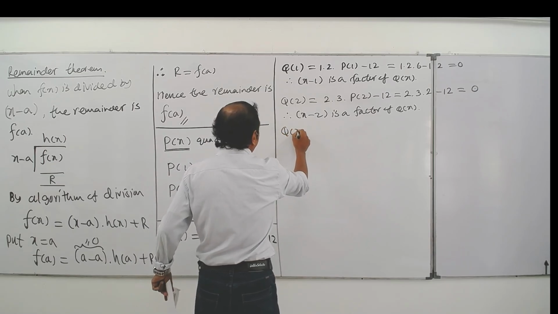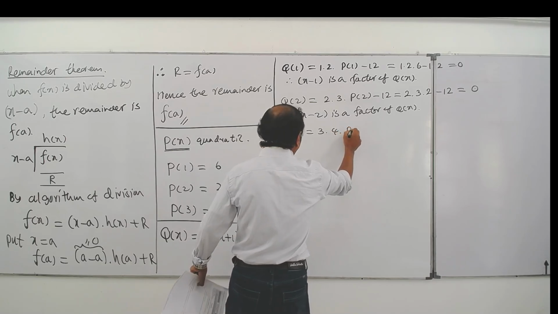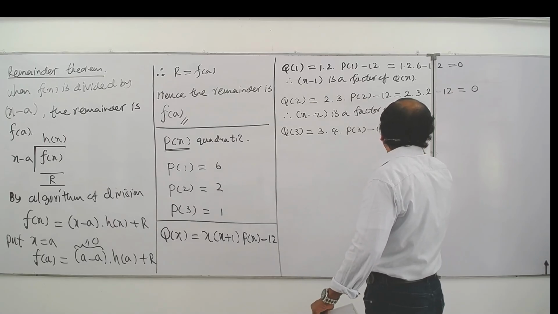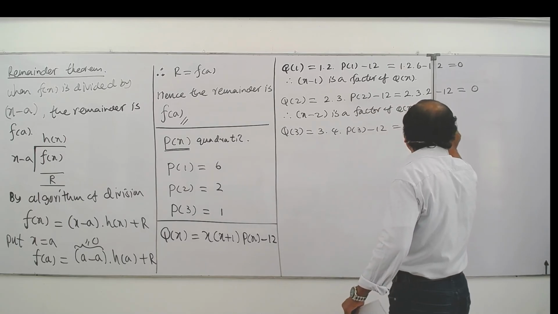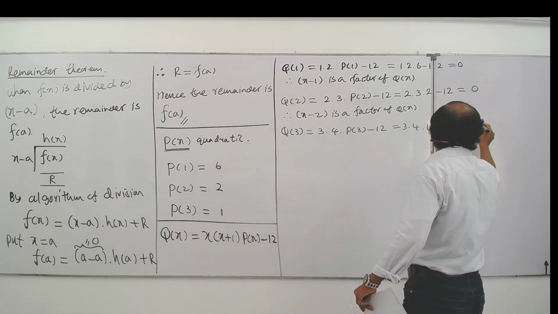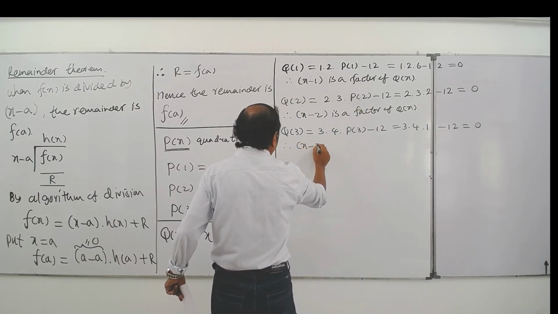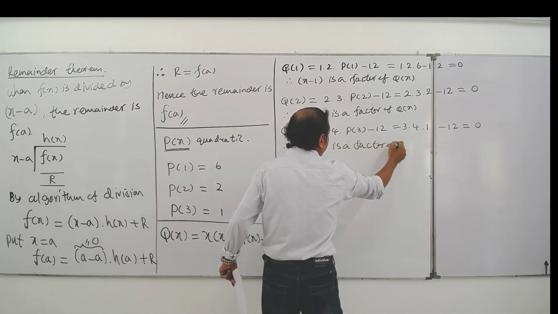We get q(3), which is 3 into 4 into p(3) minus 12. P(3) is 1, so 12 minus 12 is 0. Therefore, x minus 3 is a factor of q(x).